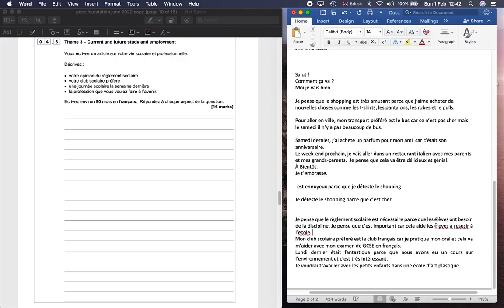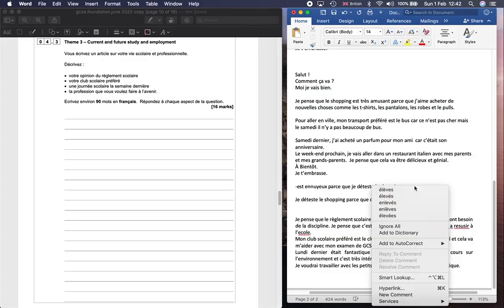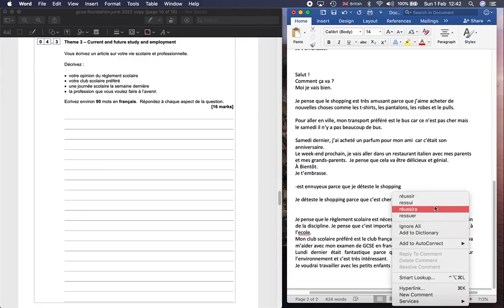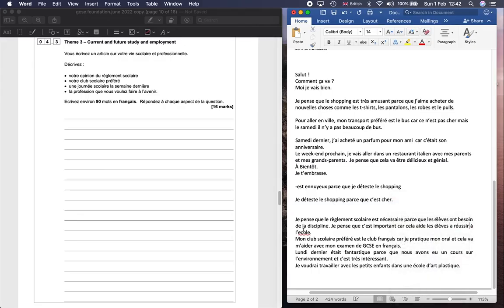So we're going to add the accent. So we think that the rules are important because it teaches discipline to pupils, to the student, and you think also it's important because it helps students succeed, right?